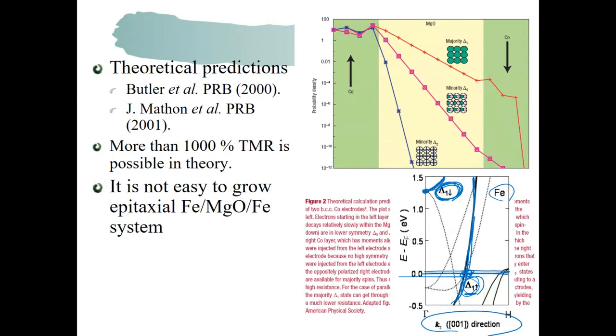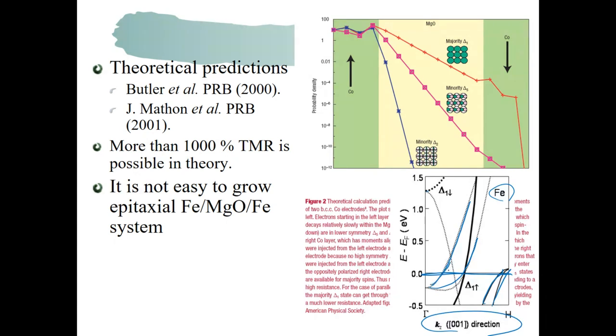So in the delta 1 band, iron has 100% spin-polarized electrons. But in the other bands, for spin up and spin down, they are all at the Fermi level.